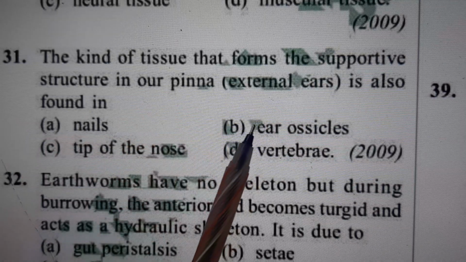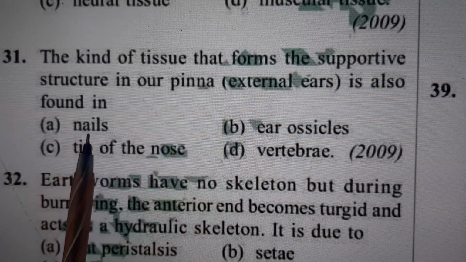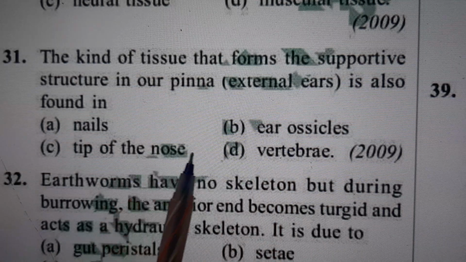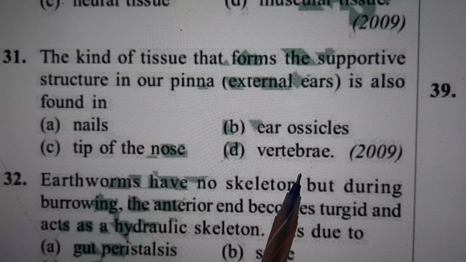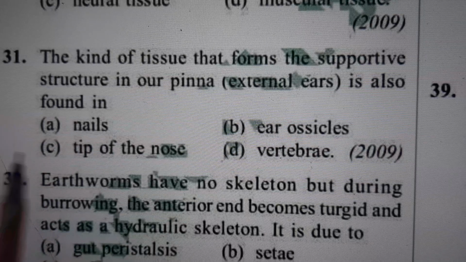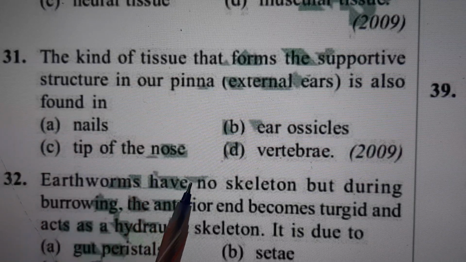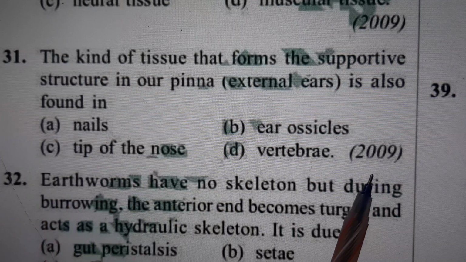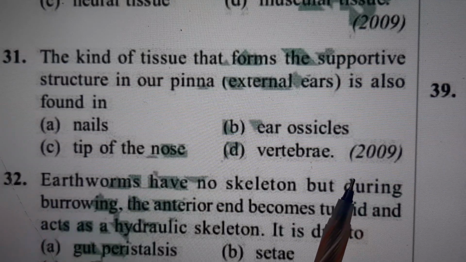Now, where else can we find cartilage? Nails, ear ossicles, tip of the nose, or the vertebrae? The answer undoubtedly is tip of the nose, which also contains cartilage. So option C is correct. This was asked in 2009. Let us move on.